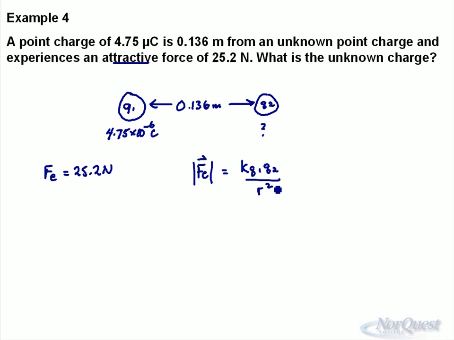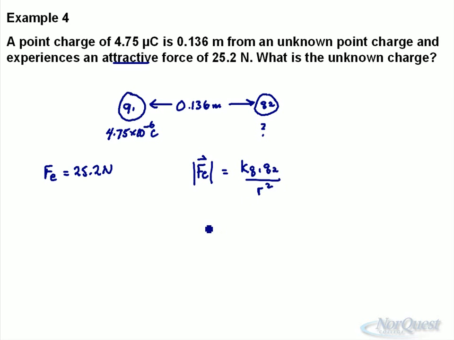You'll notice in my notes, I tell you not to worry about putting in signs for Q or signs for Fe. We will use the problem to determine that direction after. You just plug in the positive values of these numbers, and you determine the sign and directions after you do the calculation. What we need to do is manipulate this for Q2.